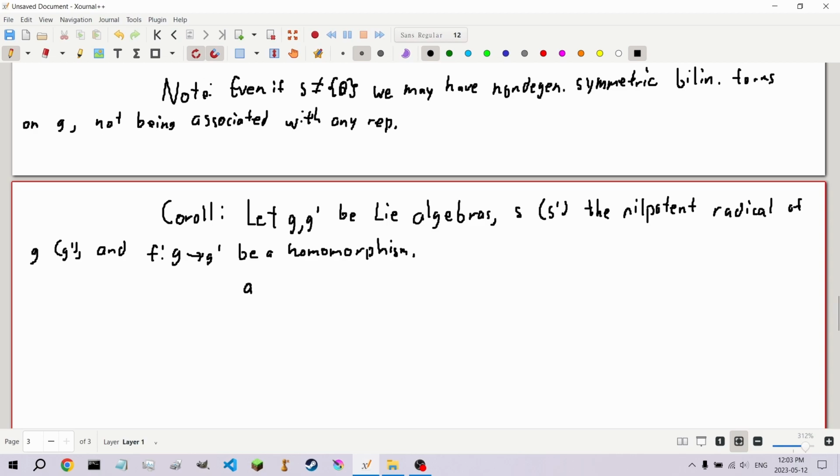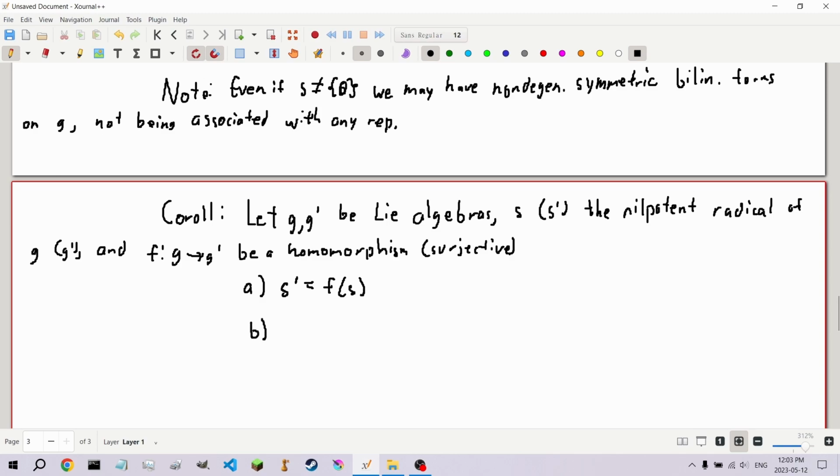Now there's two conditions here. A is that the nilpotent radical of G prime is... I think actually it says f from G onto G prime, so this is going to be surjective once again. And the nilpotent radical of G prime is going to be the image of the nilpotent radical of G under F.